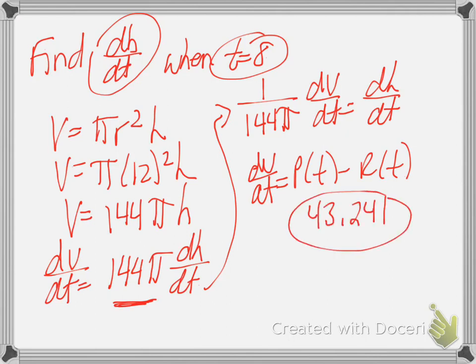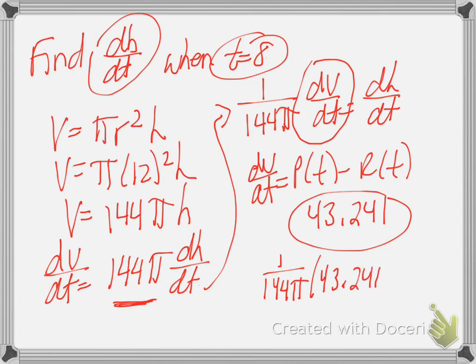So we're going to take this, put that right in there. Okay, and so you're going to have 1 over 144 pi times 43.241 equals dH over dt.